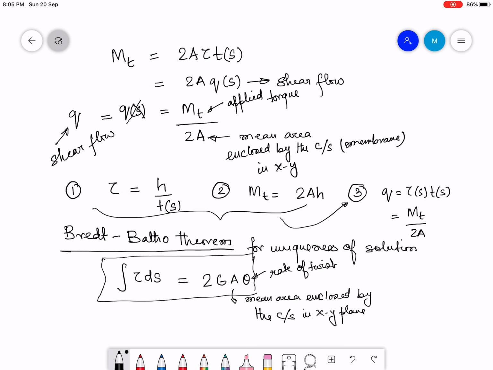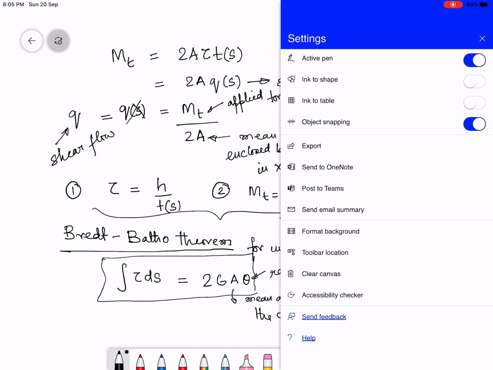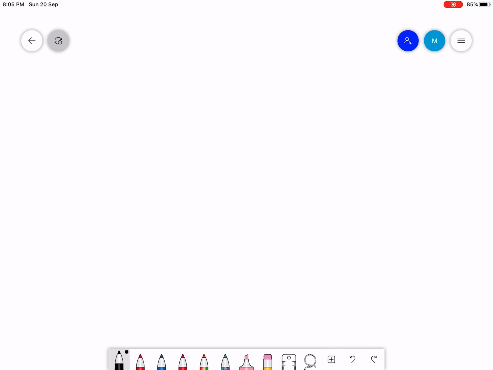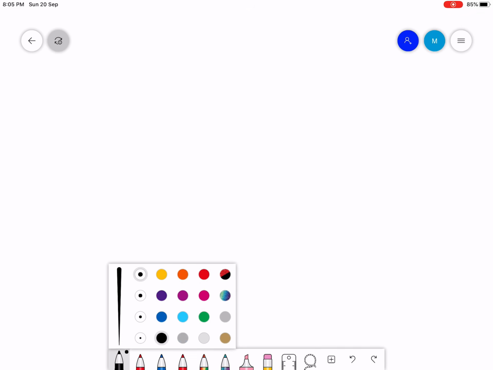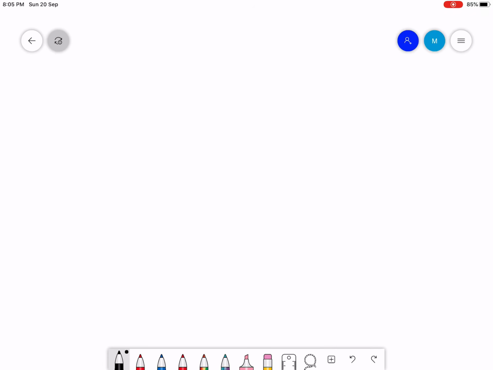Let me look further at how this equation looks. I have the integral of tau ds equal to 2GA theta.